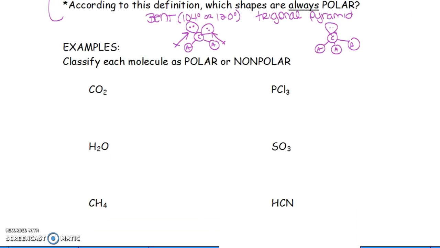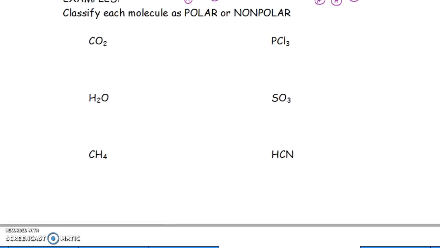So we did a couple of these in class, but I'm going to take a look at the few that we didn't look at in class. One of them that we skipped over was CH4. Now we have to start by drawing the Lewis structure and then identifying the shape in order to identify polar or nonpolar.